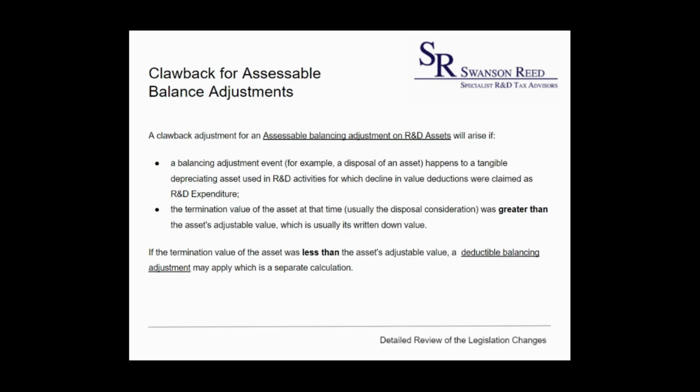A clawback adjustment for an assessable balancing adjustment will arise if a balancing adjustment event, for example, a disposal of an asset, occurs to a tangible depreciating asset used in R&D activities for which a company has claimed the decline in value as R&D expenditure, and where the termination value of that asset is greater than the asset's adjustable value, which is usually its written down value.